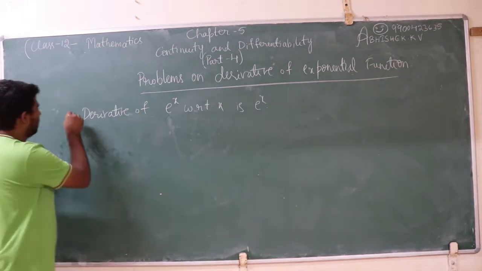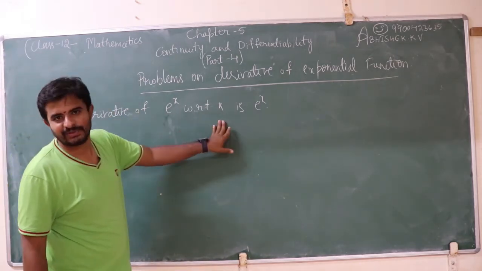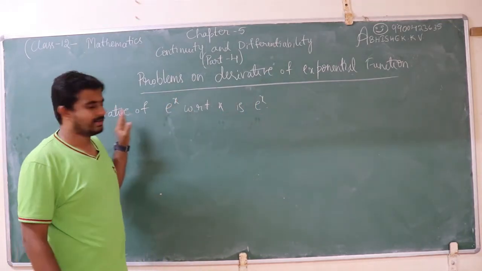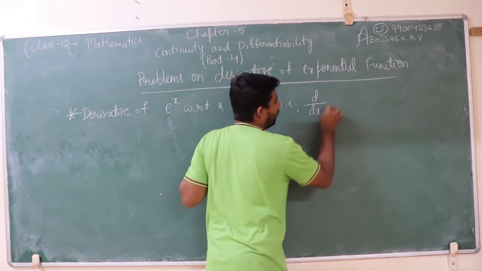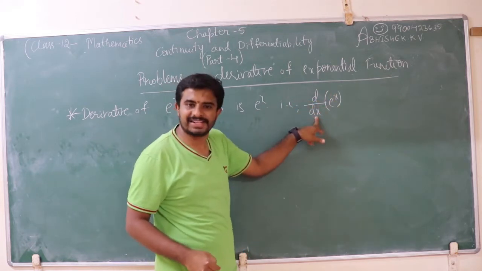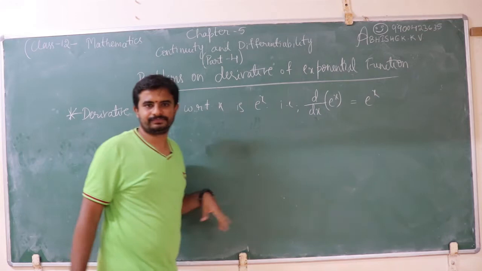Please note. The derivative of e to the power of x with respect to x is e to the power of x only.